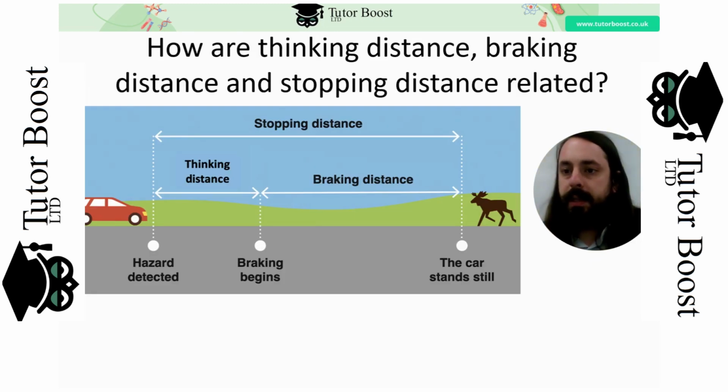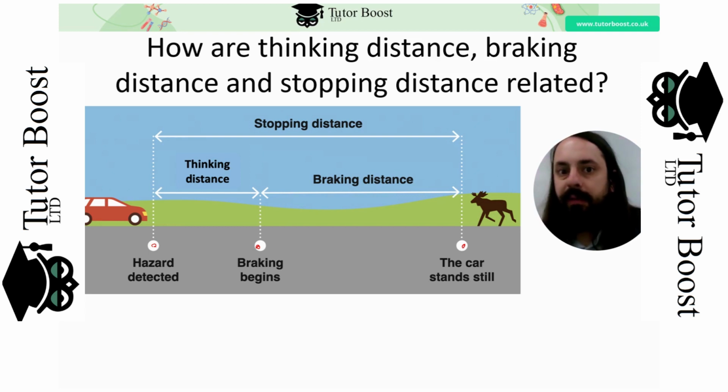Okay, so as we said in the previous slide, the thinking distance starts when you detect the danger in the road, and it ends when you start braking, when your foot hits the brake. Now after that, it's just braking distance, and it's from when the brake is hit until when the car fully stops. So what conditions? I said road conditions and tire conditions, but how are these conditions affecting the braking distance?